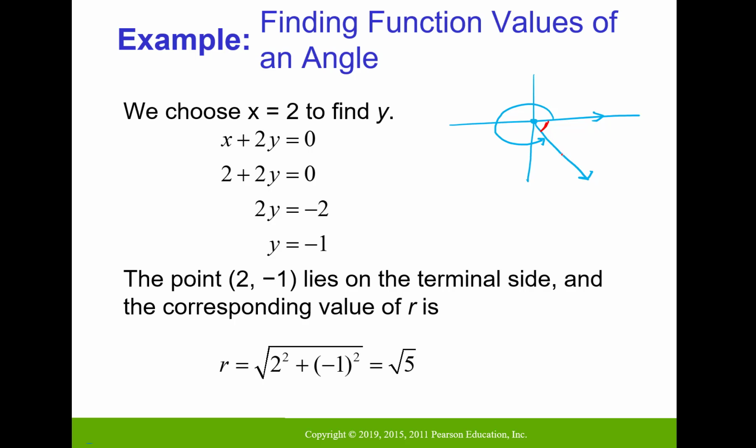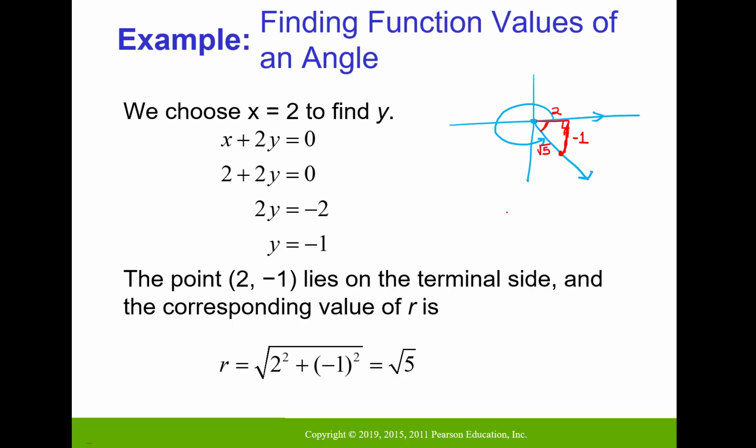So we chose 2 for x, we found y is -1, and so we know that if x is 2, this distance is 2, this adjacent side, and so this height here, or this opposite side, would be -1 for y. And then that's our triangle here, and then you can use our distance formula or Pythagorean theorem, and you would get that the radius or the hypotenuse is √5.